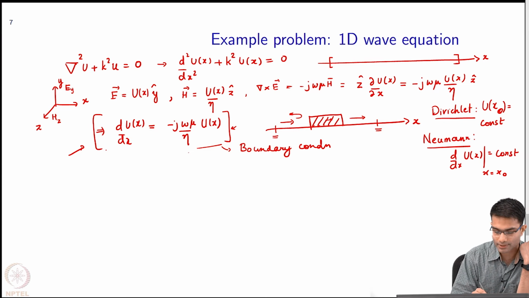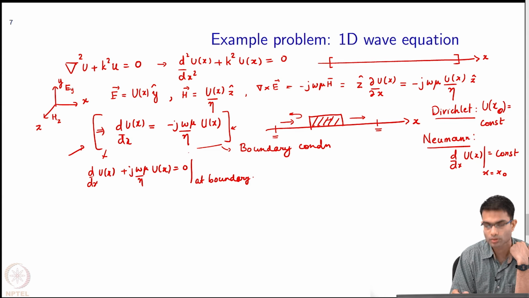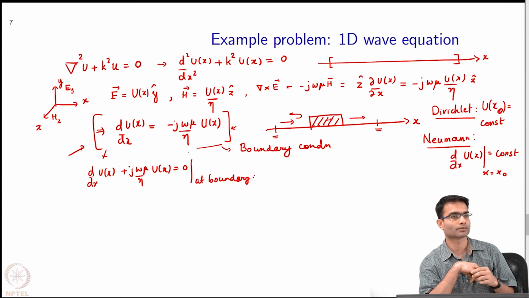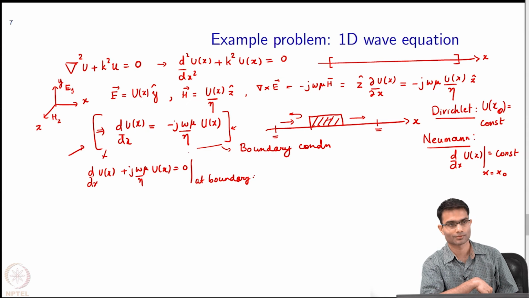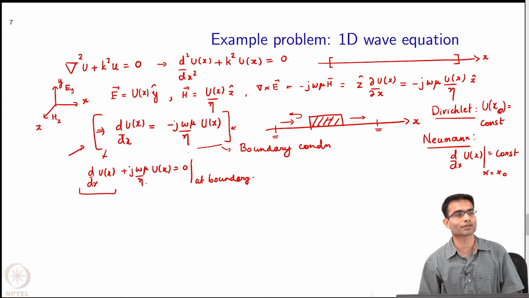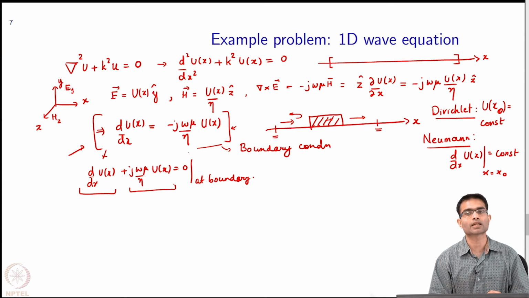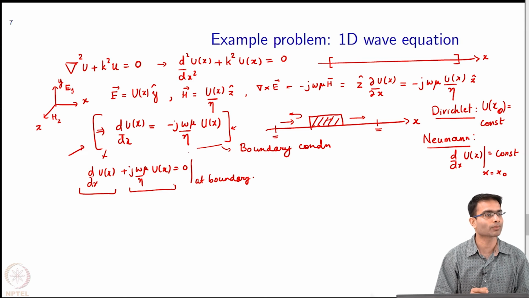If you want, you can rewrite this as du by dx plus j omega mu by eta u_x is equal to 0 at the boundary. Is it a Neumann boundary condition? Neumann would mean the derivative term is constant, but this one also involves u itself. So in fact this is neither of the two. This is a third kind of boundary condition.